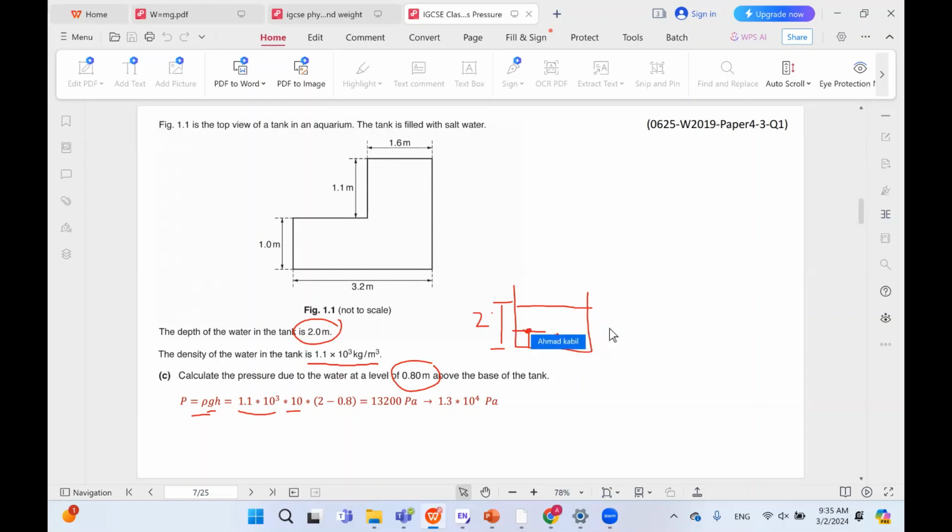So we need to calculate the depth of the point at which we want the pressure. So this depth here would be simply 2 minus 0.8, which is 1.2. And we plug that as the height in the formula, and we get 13,200, or to two significant figures, 13,000, which is 1.3 times 10 to the power of 4.